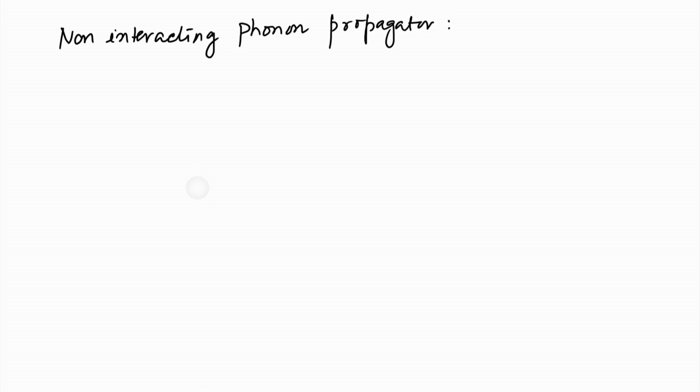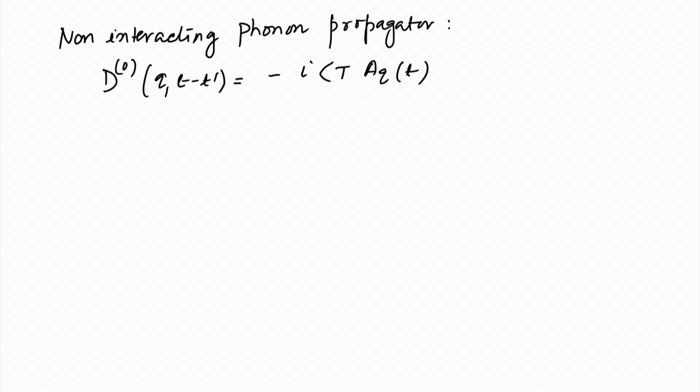So, this is D0 q, t minus t prime, equal to minus i times the time ordered product of A q at t and A minus q at t prime.